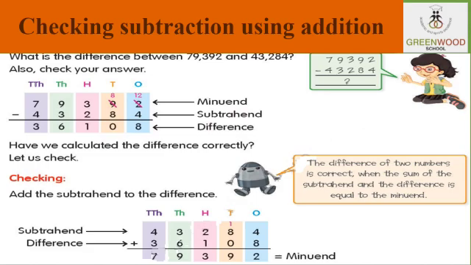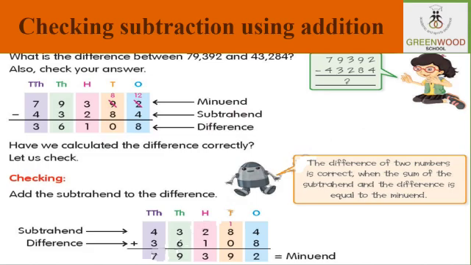So 2 becomes 12. 12 minus 4 is equal to 8. Subtract the tens, that is 8 minus 8 is equal to 0. Then subtract the hundreds. 3 minus 2 equals to 1. Subtract the thousand place. 9 minus 3 equals to 6. Subtract the 10,000 place. 7 minus 4 is equal to 3.